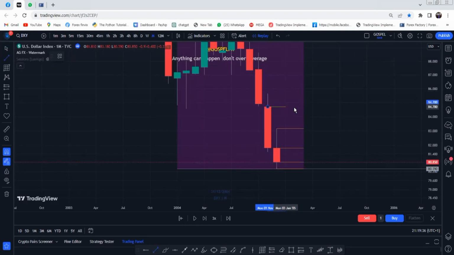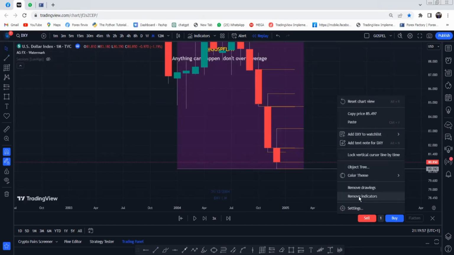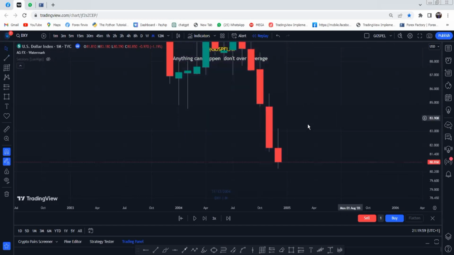It opens here, created a high, created a low, closed at that point, and then it created a low right here. Now when it closed, this one opened at the same place. Now this one opened, all right, came down, created a low, closed, and then this one opened. So that's simply how it is. And this is how it is across all time frames. It is like this in all time frames.